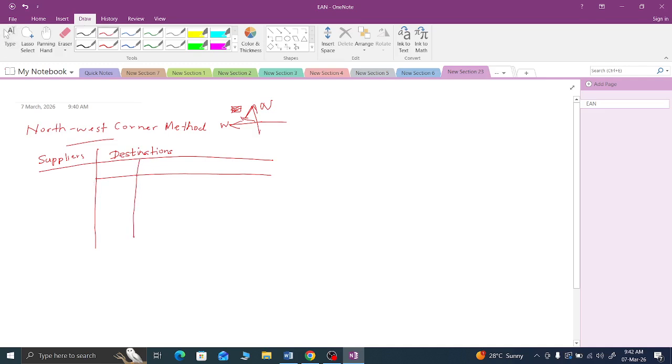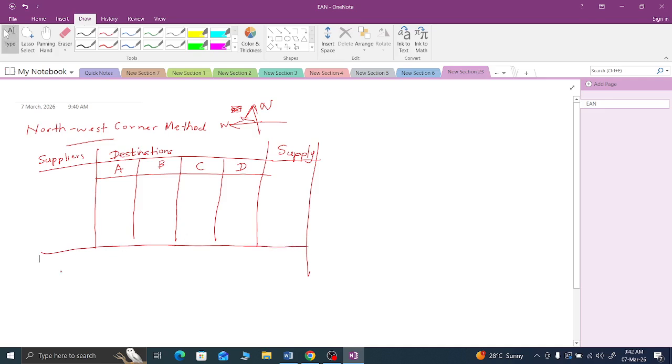We will give them names. So say A, then B, then C, then D, right? So here these are supply. Normally in the table we have to put the supply on this side, right? So see here, on this side normally our demand will be there.